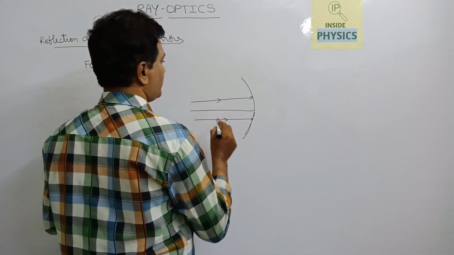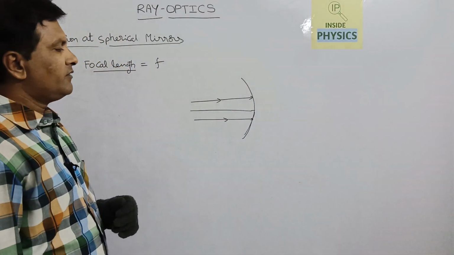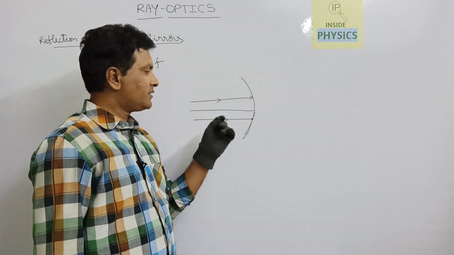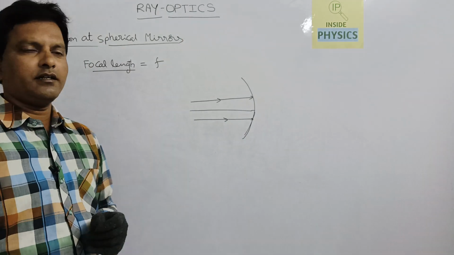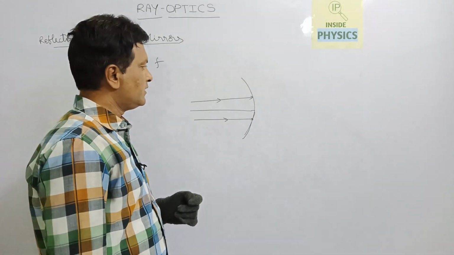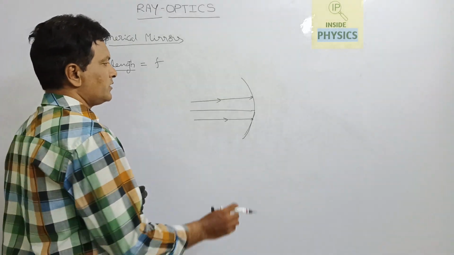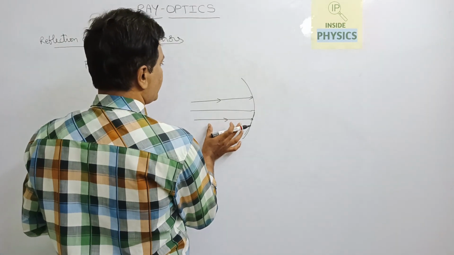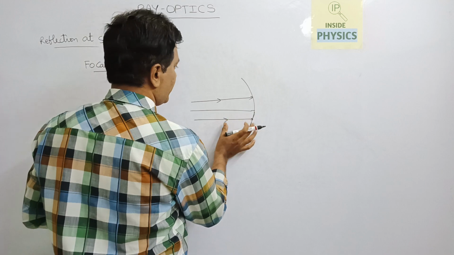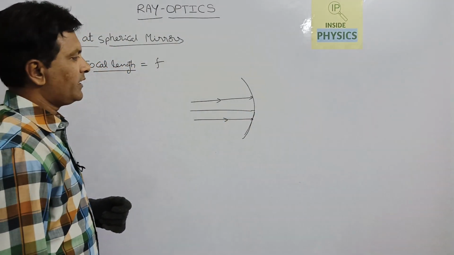If you consider it in practice, they will make some small angles with the principal axis. So this is called a paraxial approximation. There are no perfectly parallel rays with the principal axis.